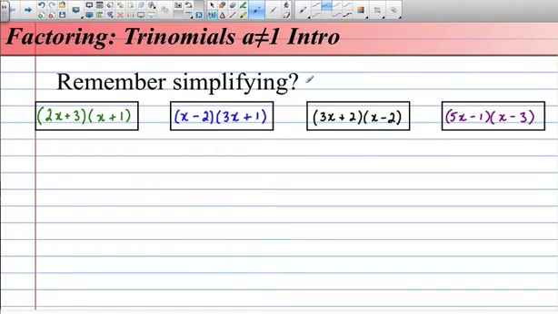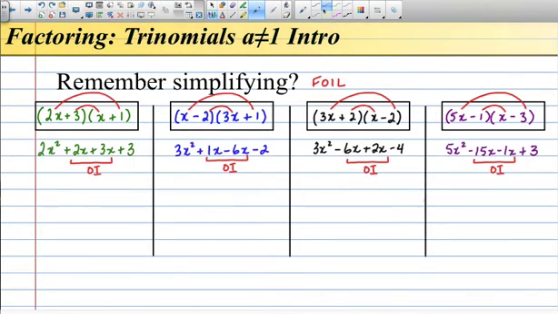In this video, we'll talk about factoring trinomials where the coefficient of x squared is not equal to 1. Let's recall simplifying. We expand this binomial times a binomial by applying the distributive property.